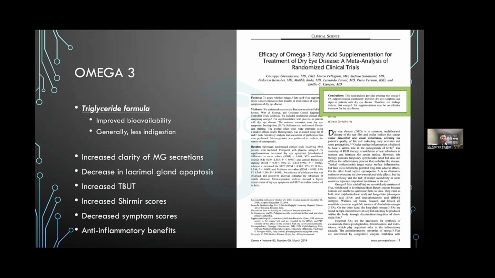Omegas have a great anti-inflammatory benefit, which is why most people take them in general for joint health and heart health and brain health. But again, this is something I think most everybody should do just for overall health, but specifically when we're finding that they have signs and symptoms of dry eye, specifically MGD.